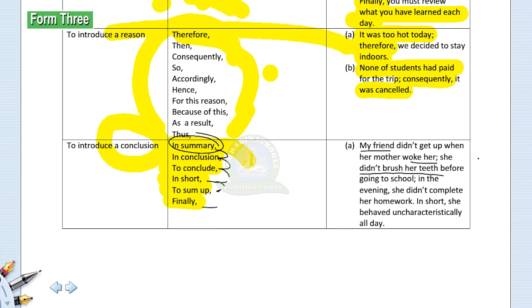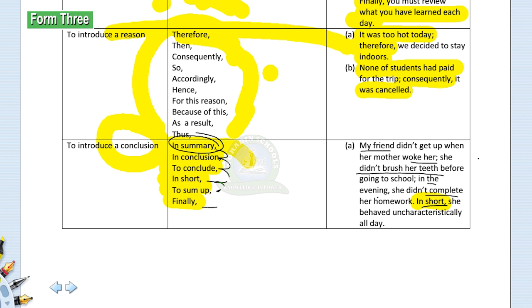She didn't brush her teeth before going to school. In the evening, she did not complete her homework. In short, that's the word I want. In short.